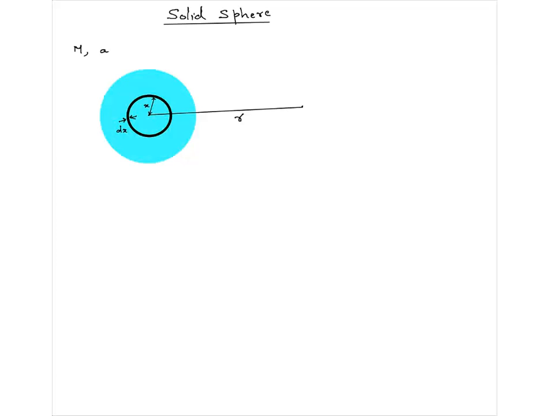Let us consider an outside point, an external point. So due to this fellow, potential would be this much.